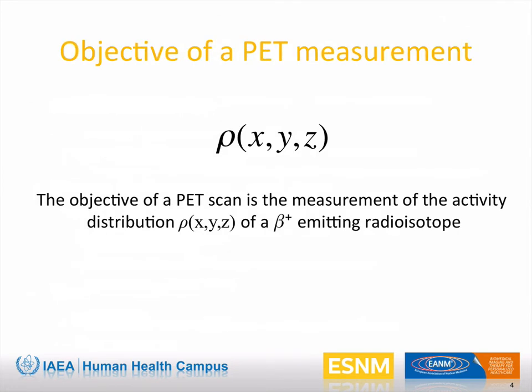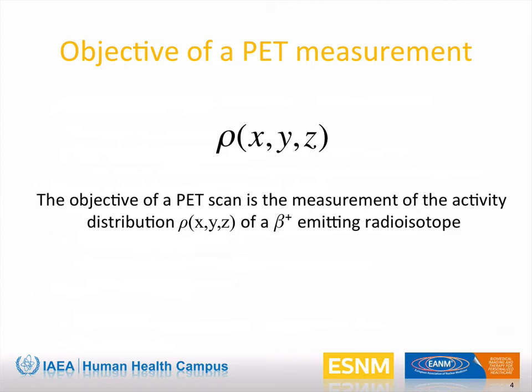In positron emission tomography, or PET, a tracer labeled with a beta plus emitting radioisotope is injected into the patient. The actual objective of a PET study is the measurement of the activity distribution of this radioisotope within the body.